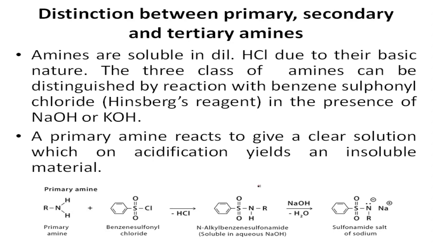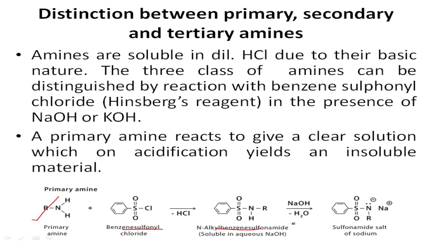A primary amine reacts to give a clear solution which on acidification gives an insoluble material. If you react a primary amine with benzene sulfonyl chloride, you get the N-alkyl benzene sulfonamide.